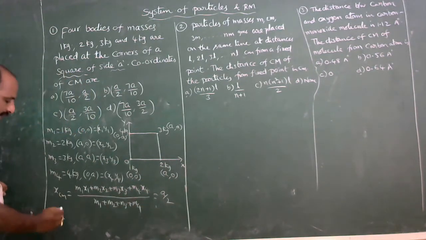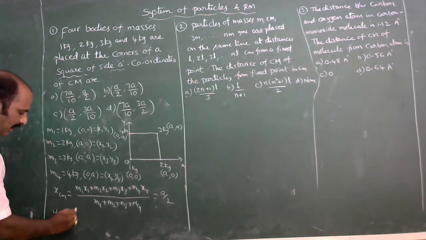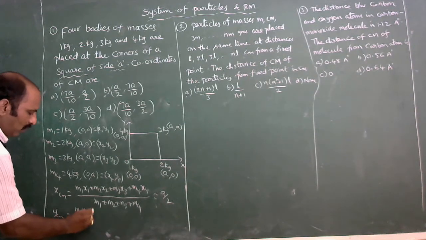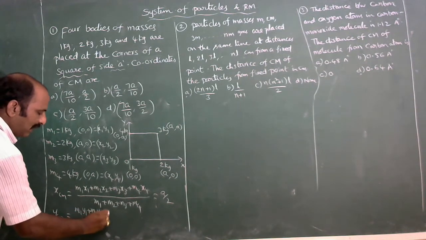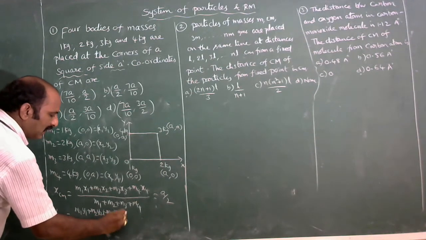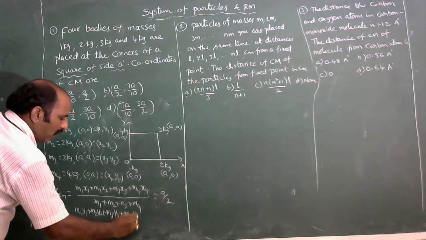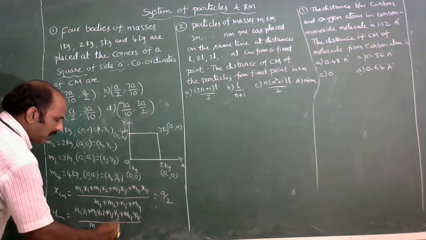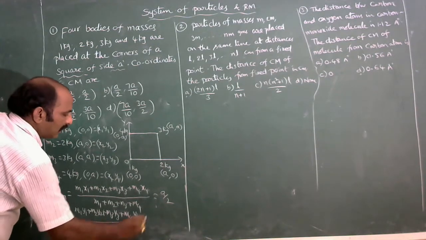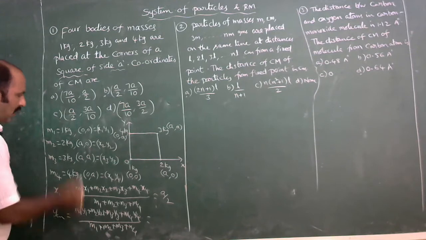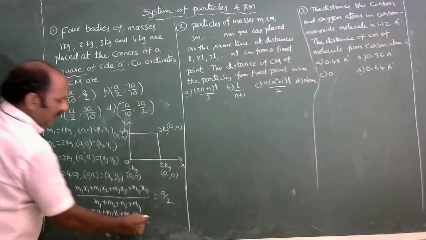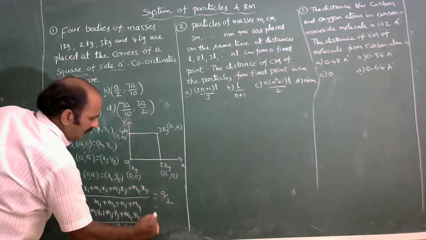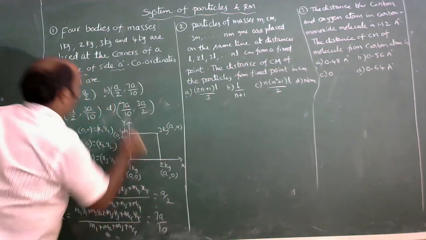And also find ycm from m1 y1 plus m2 y2 plus m3 y3 plus m4 y4 by total mass m1 plus m2 plus m3 plus m4. These values are also substituted here and we finally get 7A by 10. So option B is correct.